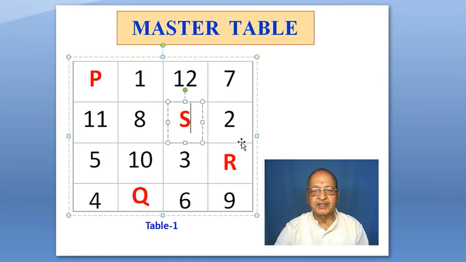Simply you remember this thing and write this with the marker, all the values, numbers, and keep p, q, r, s blank.